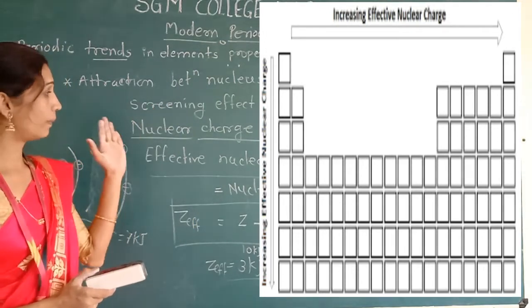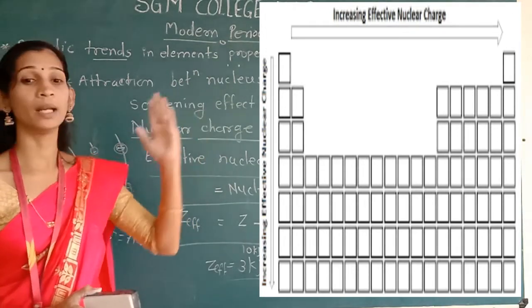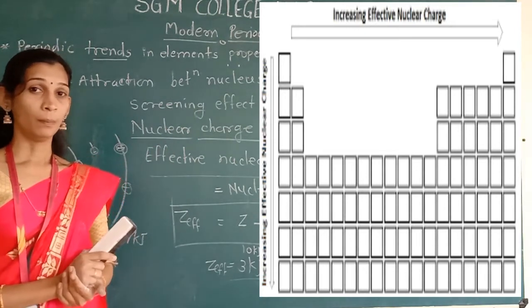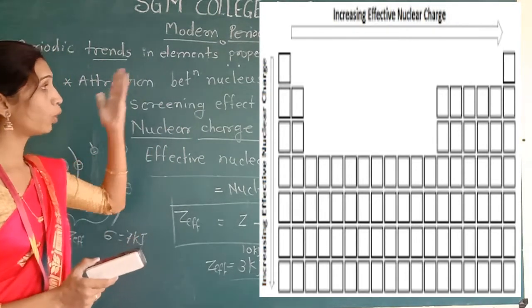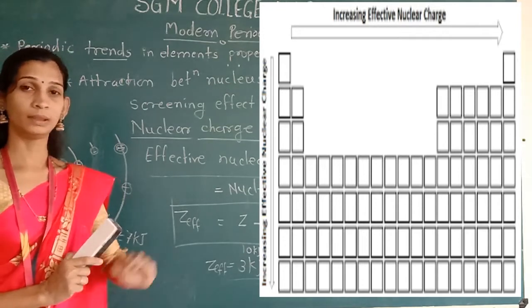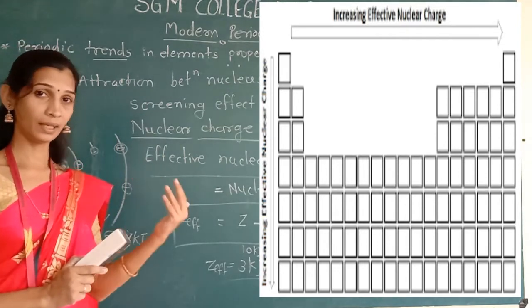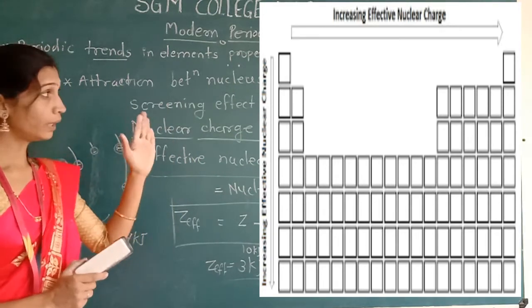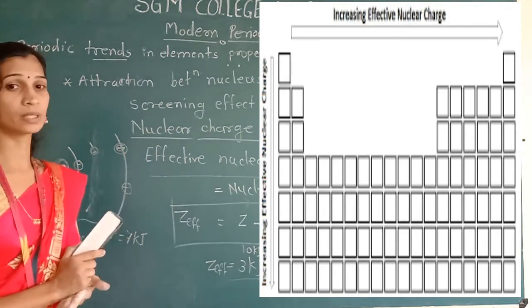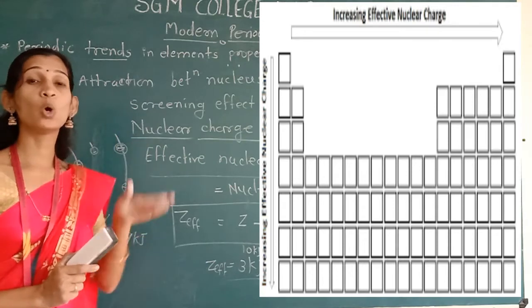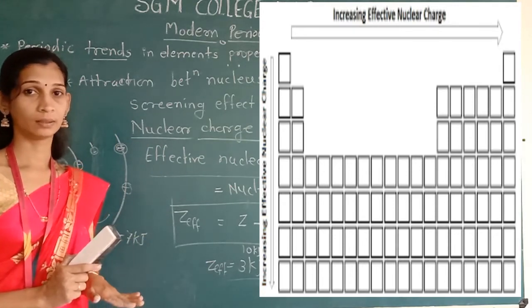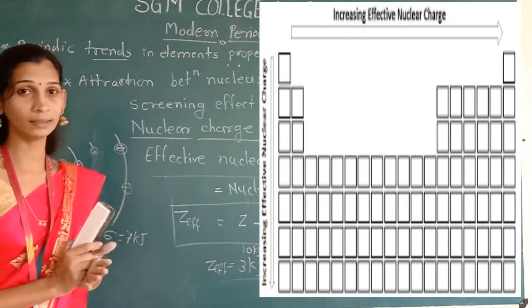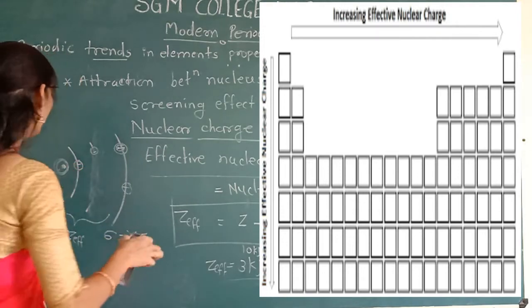Effective nuclear जो आपला चार्ज आहे तो लेफ्ट पासून राइट कडे वाढत जातो. But if we are going from top to bottom, जर आपण ग्रुप कन्सिडर केले तर it goes on decreasing. आता हे increase कसे आणि decrease कसे त्यासाठी एक छोटं उदाहरण बघूया आपण.